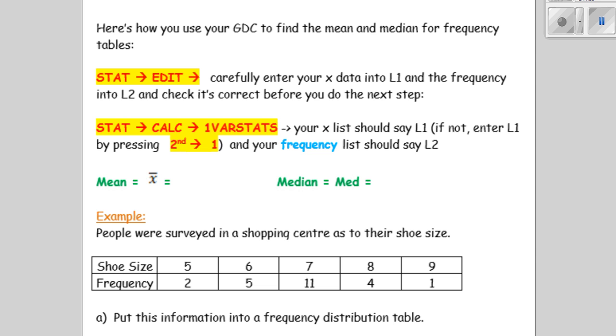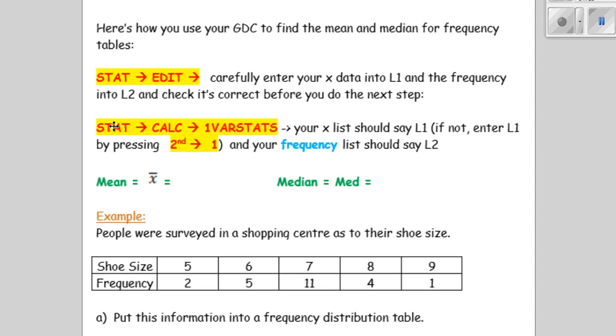Initially we were going to do that one by hand, and some of you did, which is great. Here's how you use your GDC to find the mean and medians for frequency tables. Stat edit, carefully enter your data into L1 and the frequency into L2. You don't have to do it in that order, but I just tend to do it that way. Check it's correct before the next step.